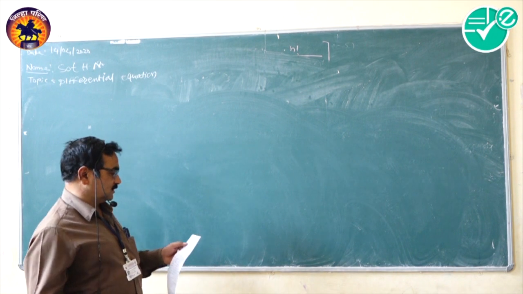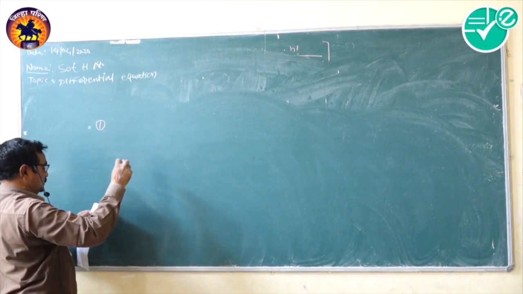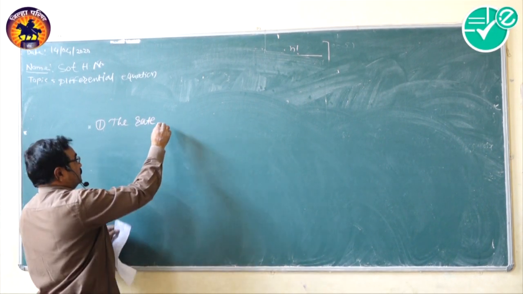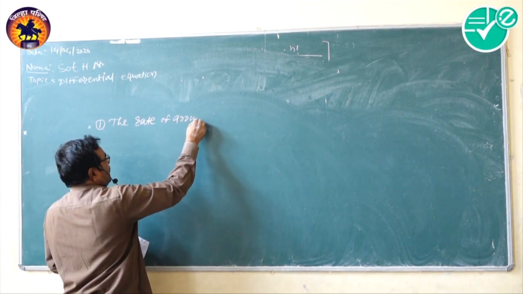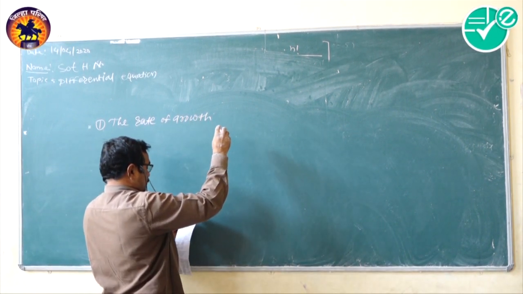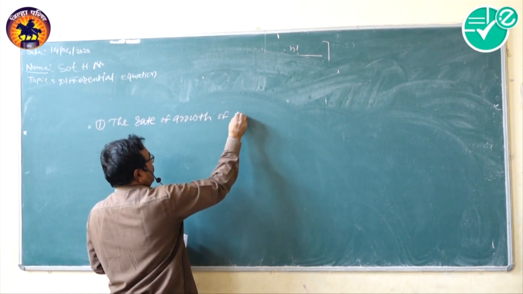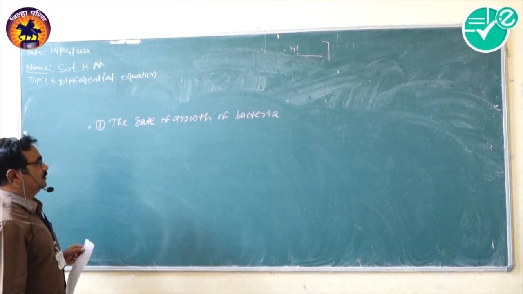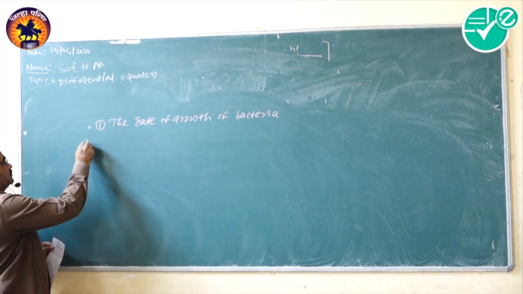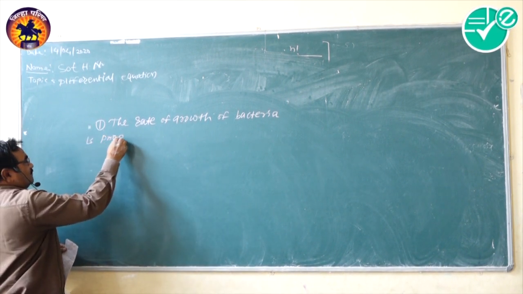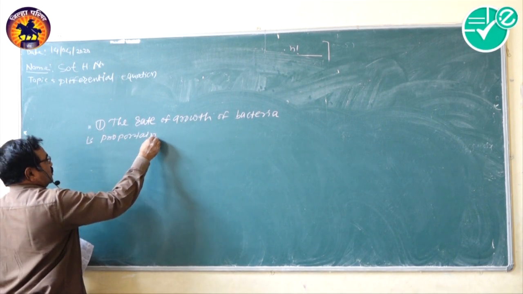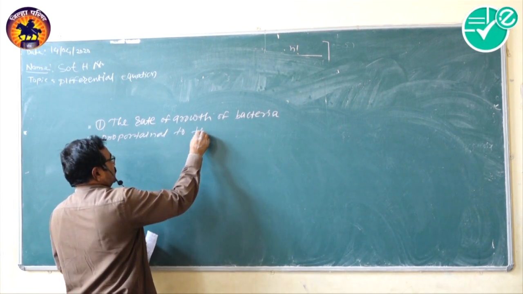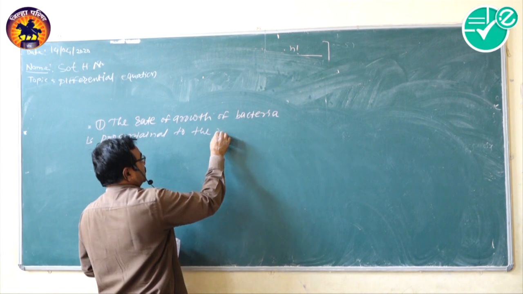That is, first is: the rate of growth of bacteria is proportional to the number present.